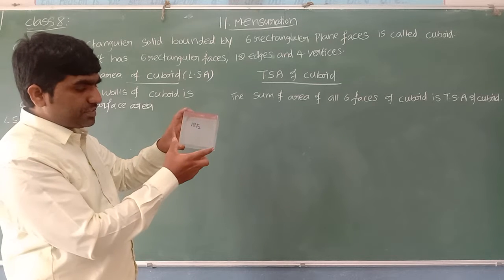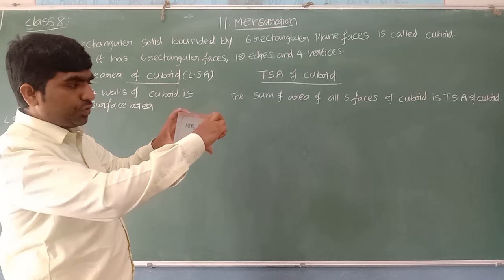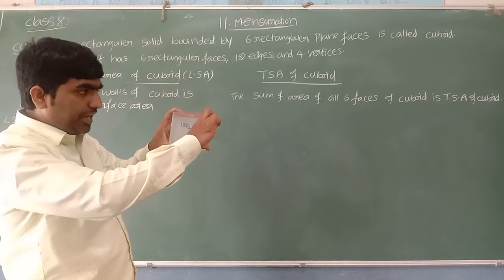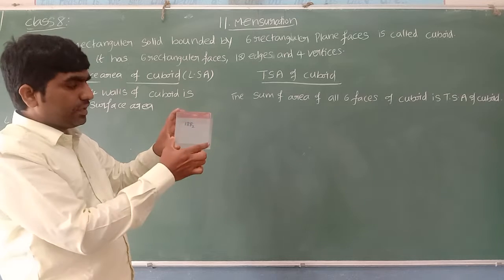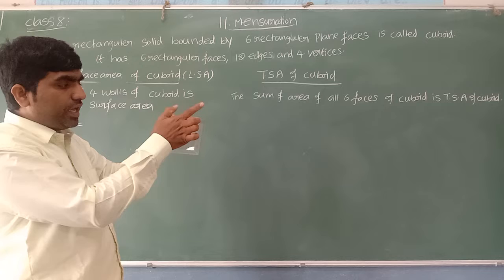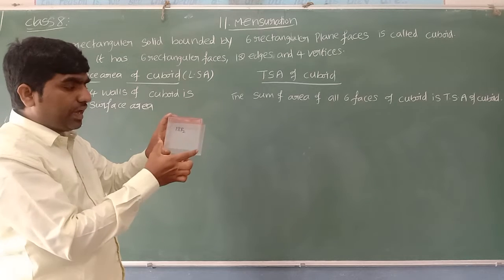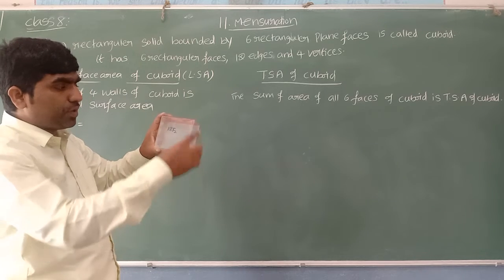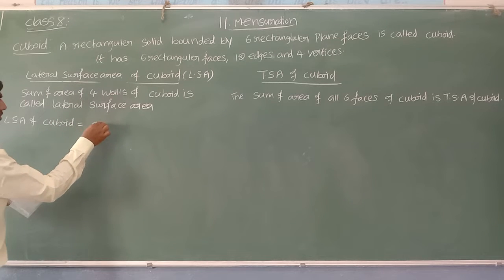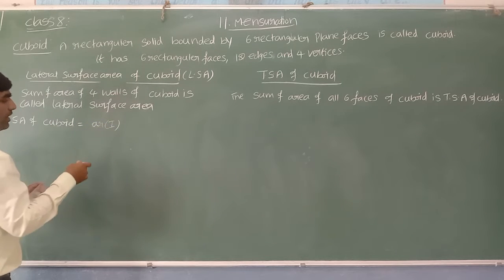For the first rectangle face, length into breadth, we are going to consider breadth as height. Only this part you can consider. Area of rectangle is length into breadth, but we already assumed this as height. So area of one rectangle.